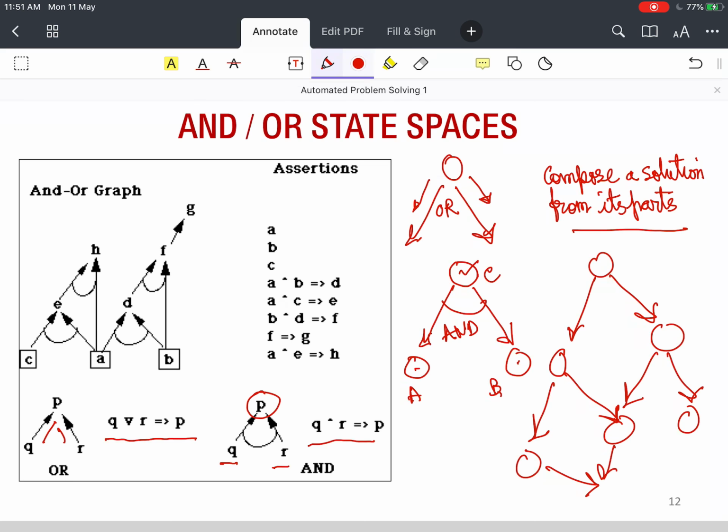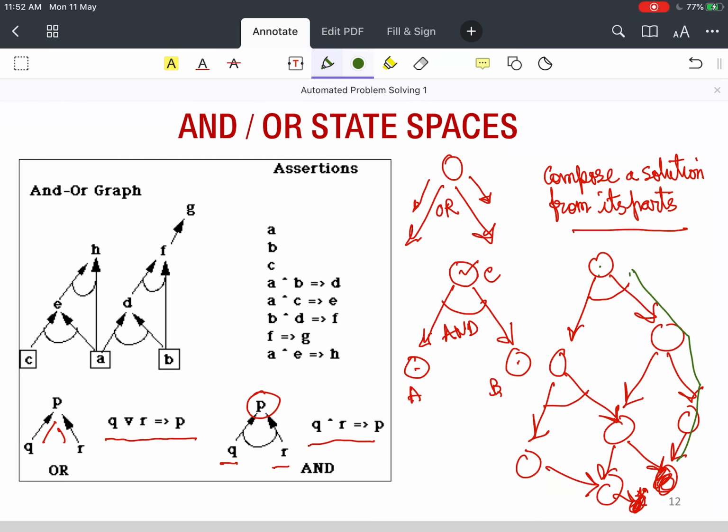So now, instead of having only a state space which has OR paths like before, we could have some spaces which have some nodes which are AND nodes. Therefore, if this is my goal, then one solution to this problem could be this, because I have reached the goal, but this cannot be a solution because this node is an AND node.